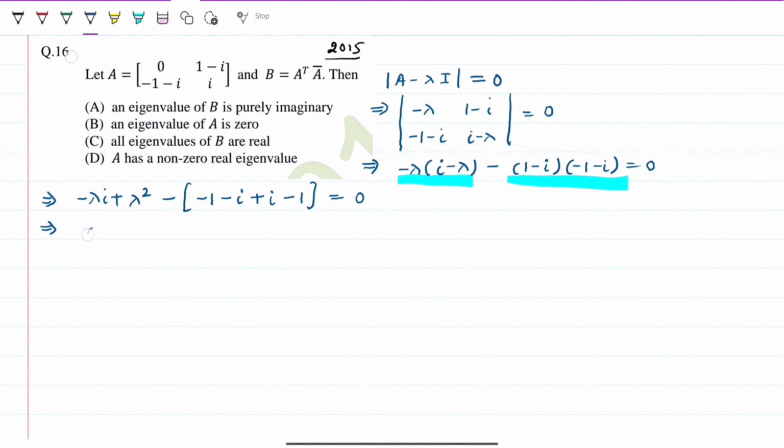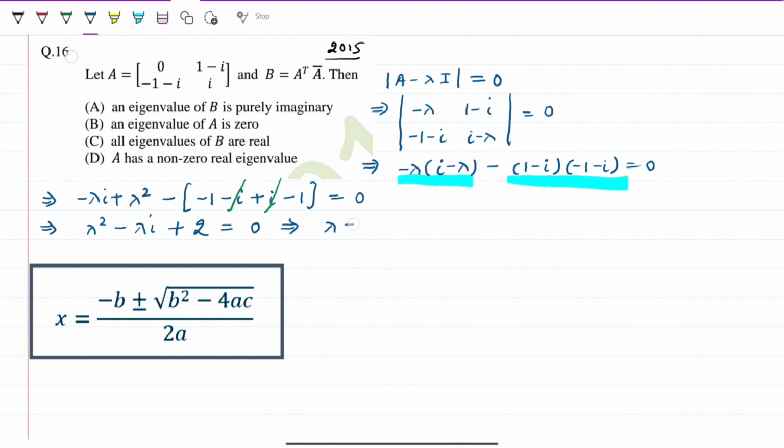So this is lambda square, a little bit of rearrangement, minus lambda I, and over here we can get rid of this. So the bracket is only negative 2 and we already have a negative outside, so this is plus 2 equal to 0, which is quadratic, and we can use the formula method to solve and get the roots.